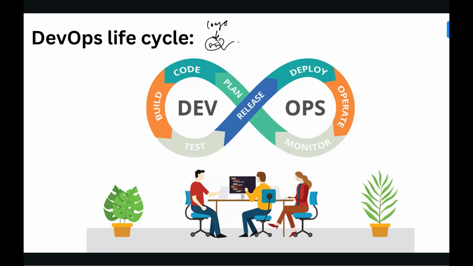Now my question is, what is meant by infinity? It's a never-ending process, right? In a similar way, DevOps also is a never-ending process. So why does DevOps have a never-ending process? Let me tell you.